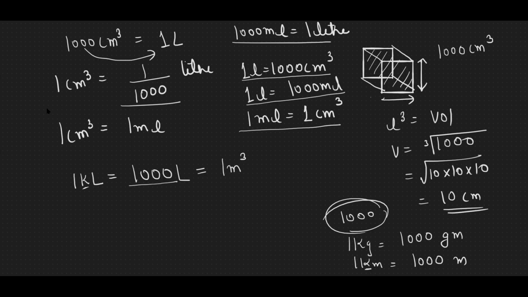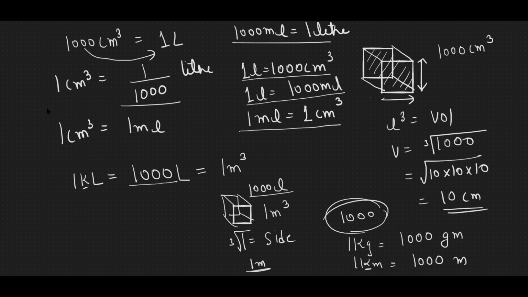How 1 meter cube? Okay, we'll go into it. 1 meter cube basically means a cube whose capacity is 1000 liters and volume is 1 meter cube, and its side would be, you can find by the formula, volume equals a cube, so cube root of 1 will be 1 only, so 1 meter is the side of this cube.